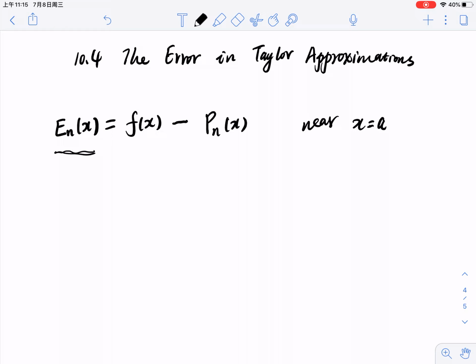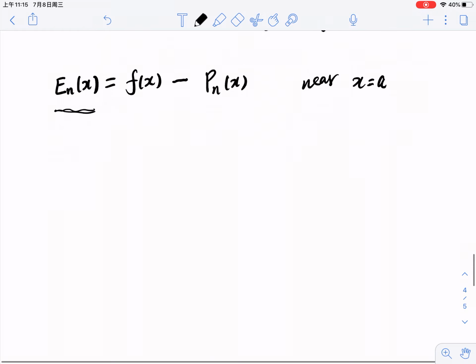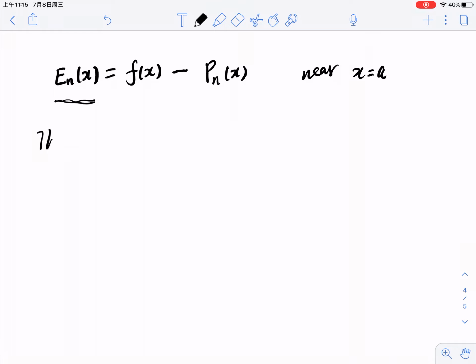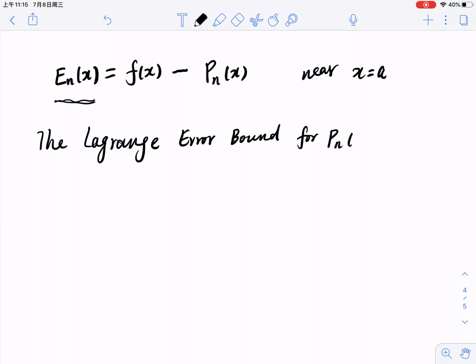We have the following error bound for E_n(x). It's also called the Lagrange error bound for P_n(x).